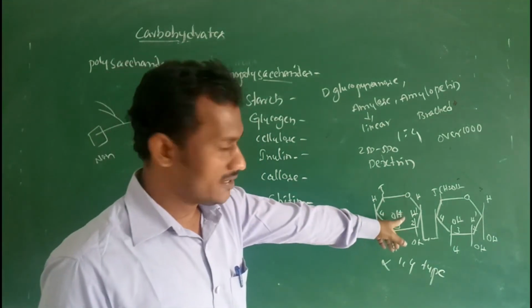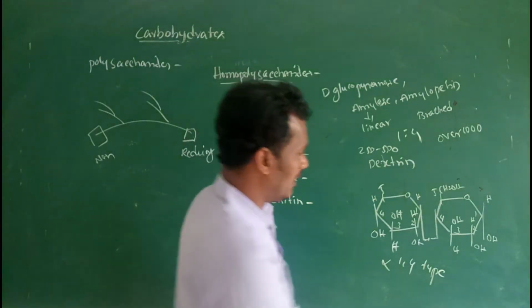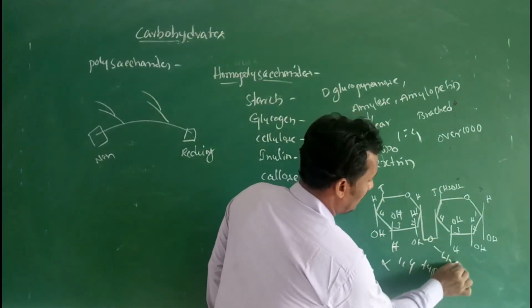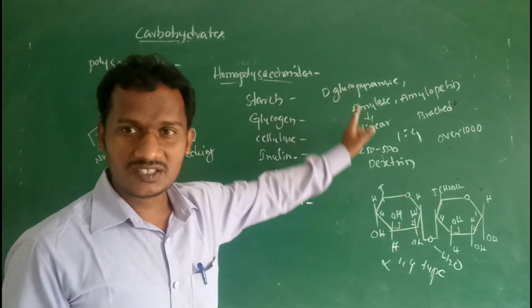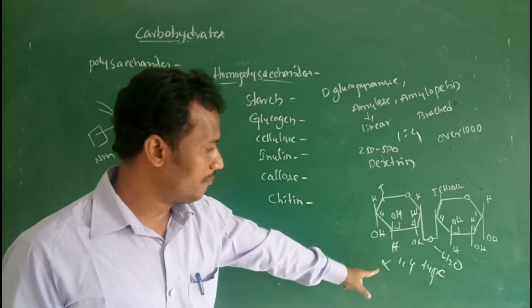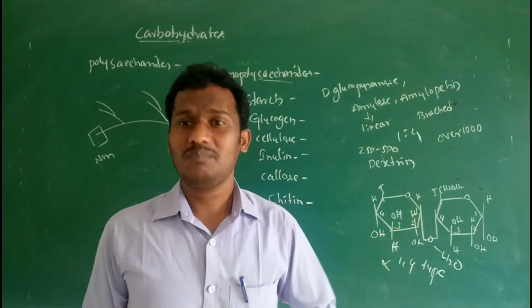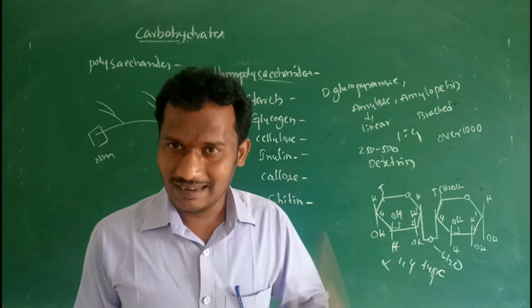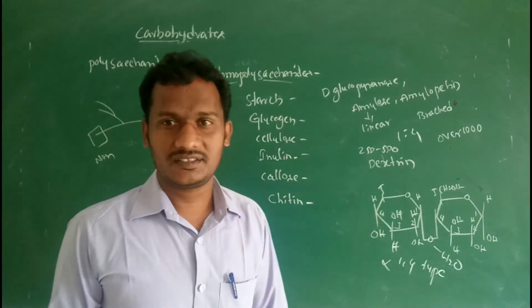That means the first carbon of one monosaccharide joins the fourth carbon of another monosaccharide, by elimination of a water molecule. Partial hydrolysis of this starch will give dextrin.